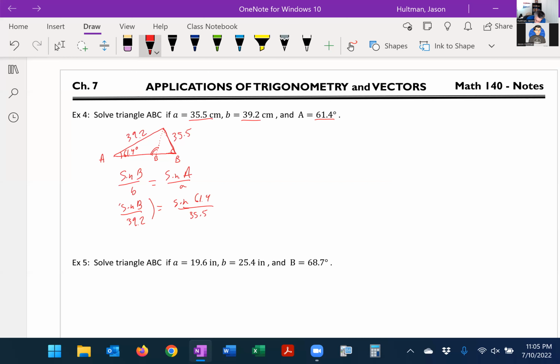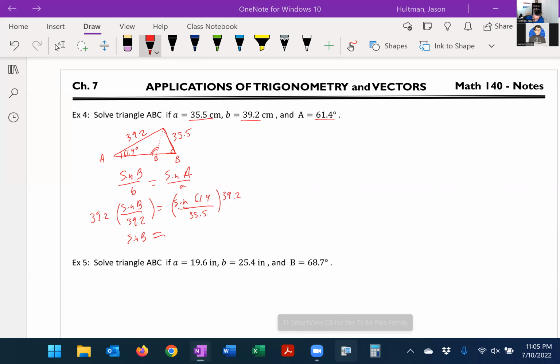I can multiply both sides by 39.2, and I'll get sine B to be equal to approximately what?